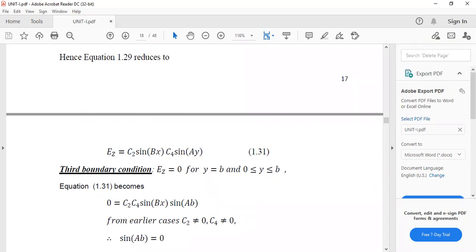Now tell me, what is the third boundary condition? Ez is equal to 0 when z is equal to 0. What are the 4 boundary conditions? At y equal to b. Another one?